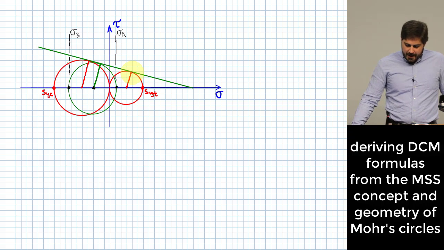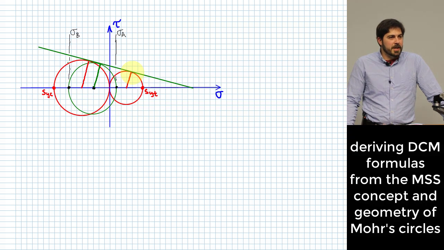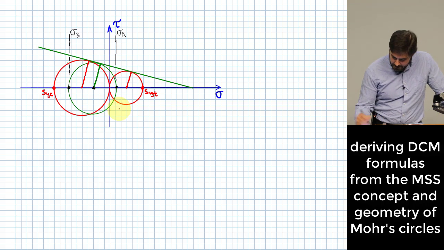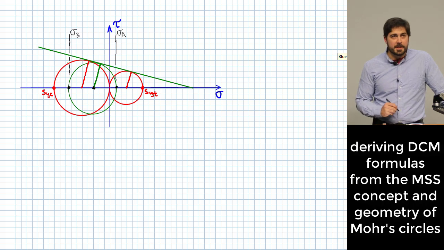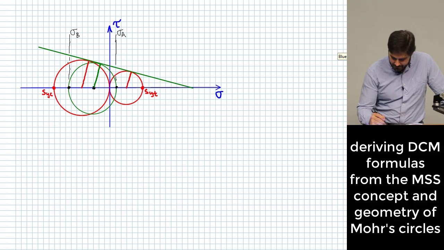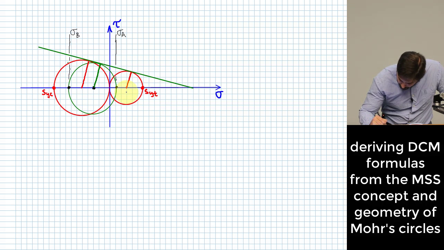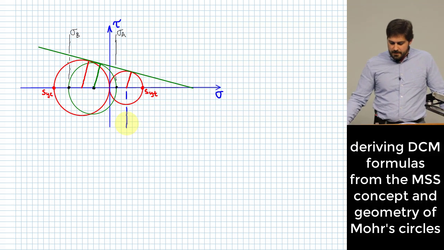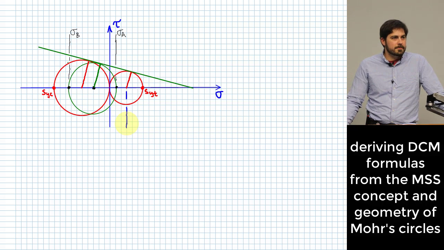Okay. And one of the things that I'm going to show you here is that we actually know quite a bit about the geometry that I have just drawn. All right, so I'm going to start labeling some things, and if you disagree with any of them, let me know, but hopefully they make sense. Okay, so first of all, we know where this location is, right? This location right here is at S sub yt over 2, right?